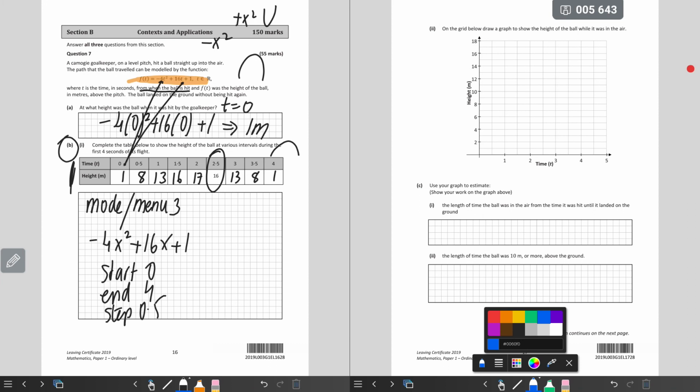Obviously, go to the next page and draw a graph. So you're just plotting those points, like 0, 1, and so on. 0.5 and 8. 1 and 13, and so on. Just plotting all those points, and then join them up in a nice smooth curve.